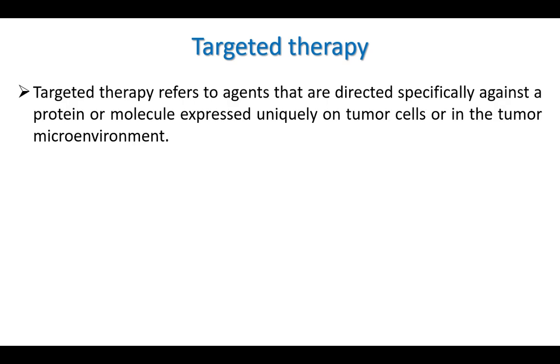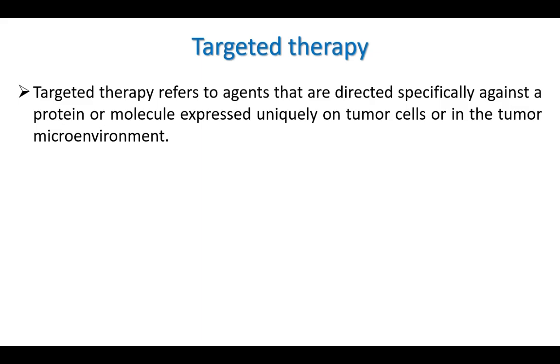Now let's come to the targeted therapy, which is more important. When you say targeted therapy, we are talking about targeting specific molecules, receptors, antigens which are present either on the tumor cells or in the microenvironment of the tumor. So you are targeting specific cells. Obviously, when you are targeting specific cells, that means you will have a better effect, and you will have less toxicity.